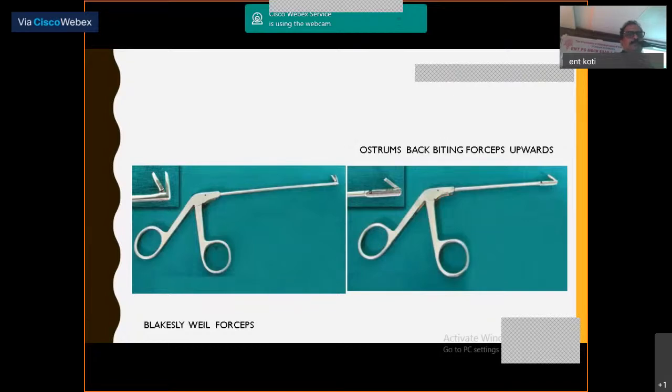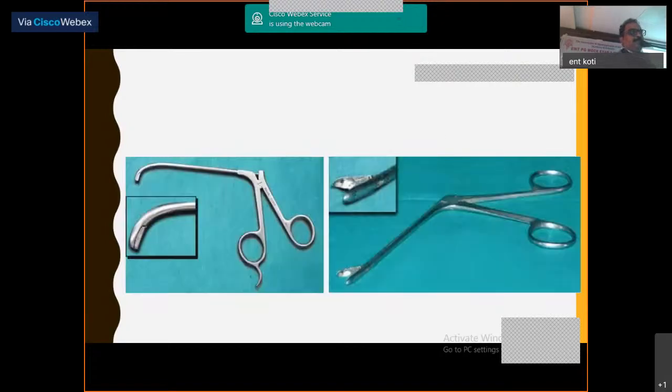Ostrom's backbiting process. Okay. It's upwards. You get it sidewards also. This is upwards. This process is very useful for us.